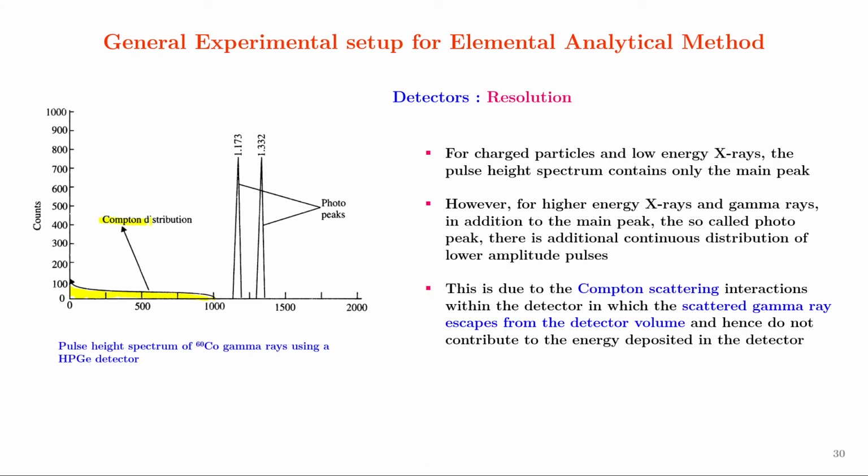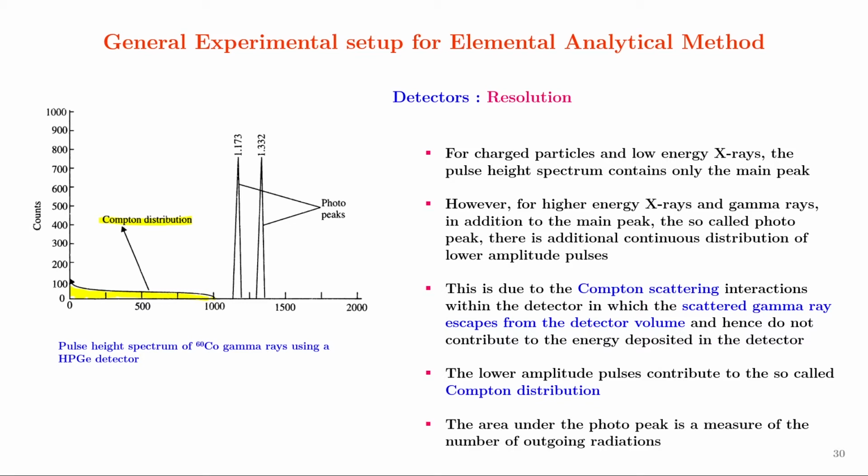This is due to the Compton scattering interactions within the detector, in which the scattered gamma ray escapes from the detector volume and hence does not contribute to the energy deposited in the detector. The lower amplitude pulses contribute to the so-called Compton distribution. The area under the photopeak is a measure of the number of outgoing radiations.